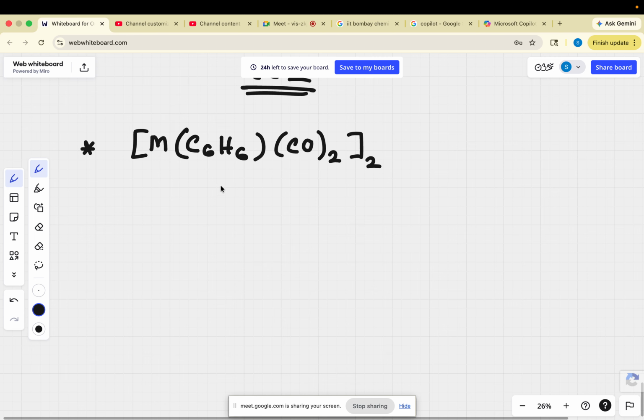Okay, so here also they want to know what is the metal atom, and they have mentioned that you have one metal bond. So which metal it is, that they are asking actually.